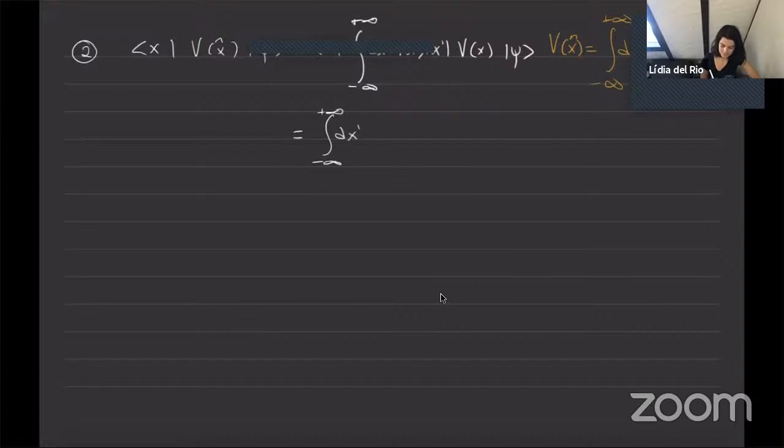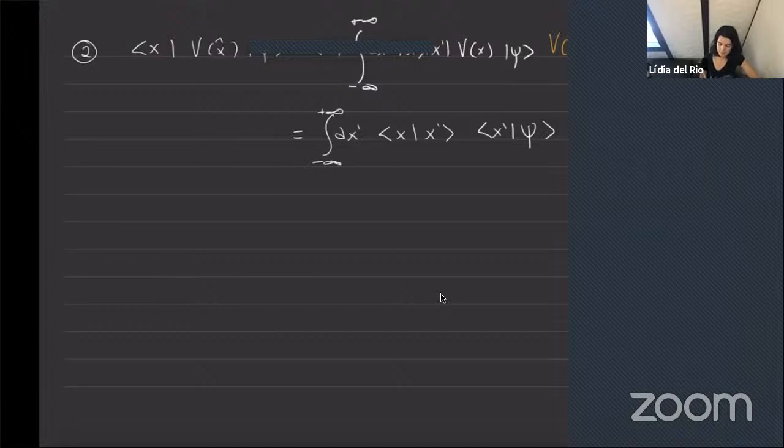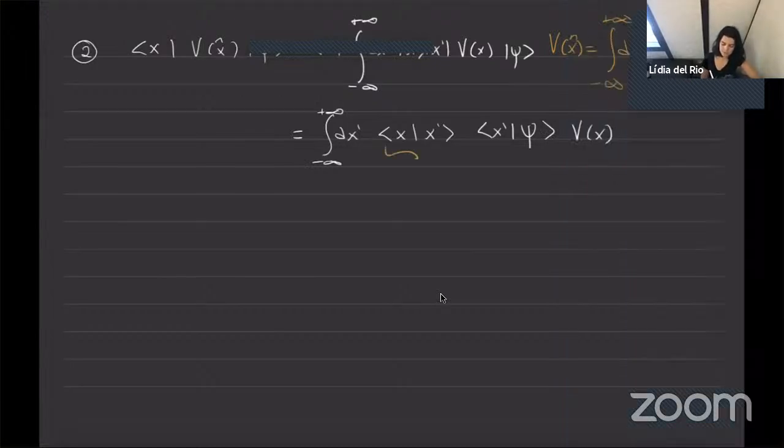Okay, so now we have two things here. One is x prime, then we have x prime and psi, and then we have this number here still lying around. So this we know is the Dirac delta, and this we know is the wave function at position x prime.